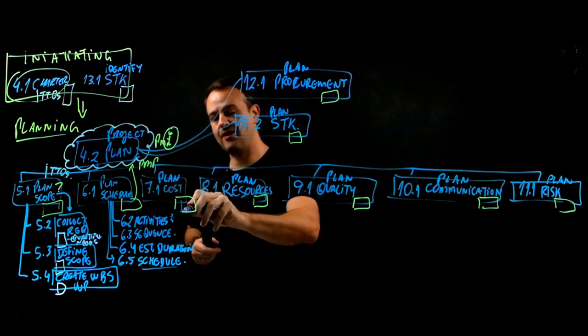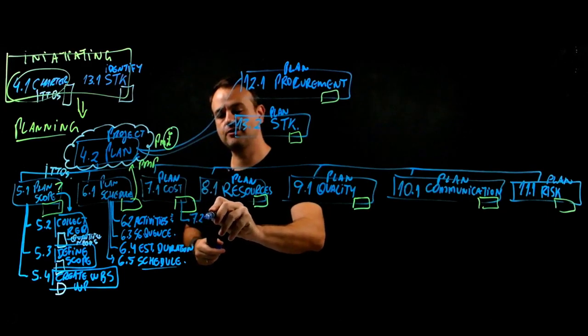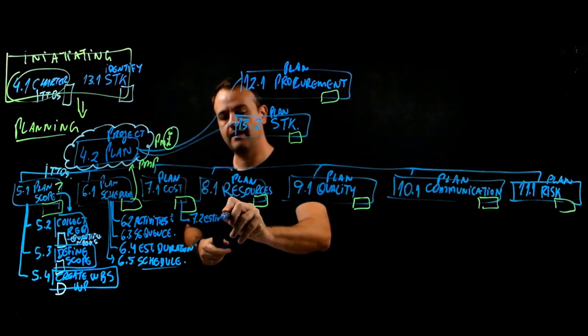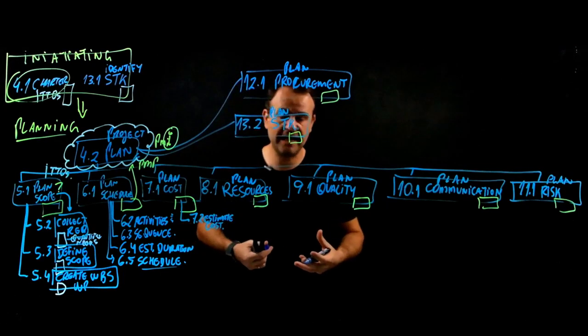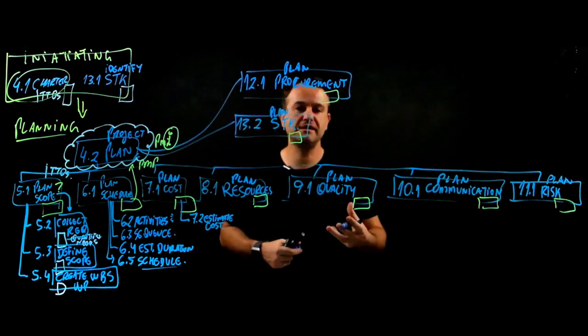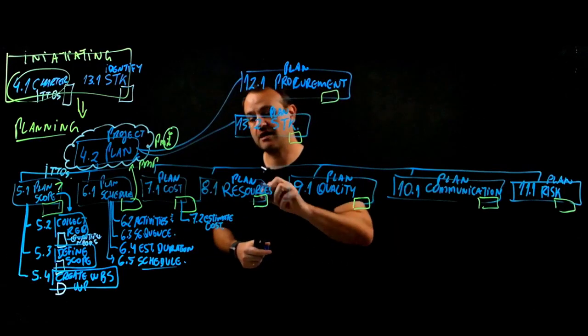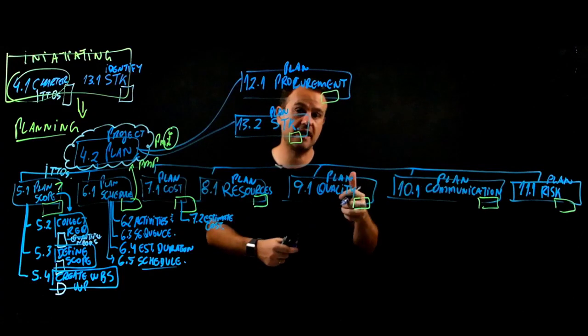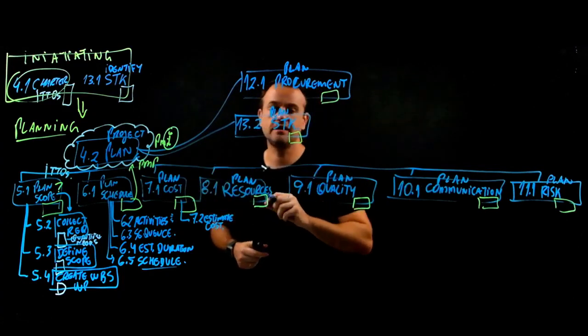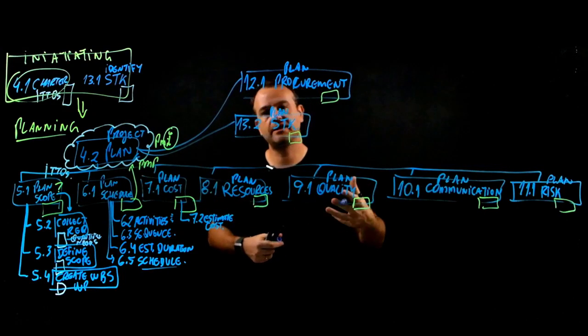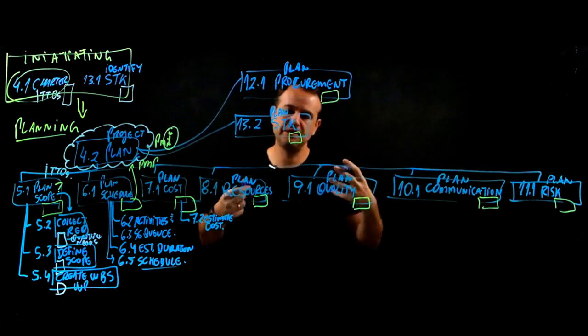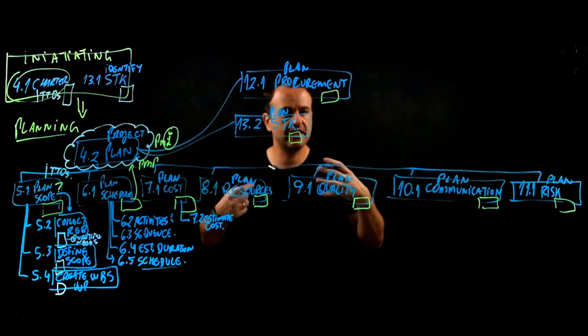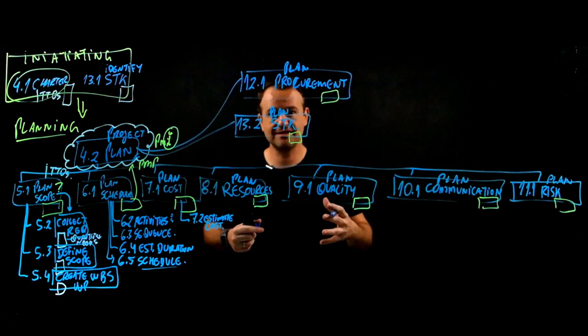So plan cost, then we have 7.2 estimate cost. Estimate cost means that we are finding monetary value for the resources needed, and the resources are described in the schedule, in the activities, in the WBS. I need one engineer, I need new facilities, a computer, equipment, whatever resources you need.